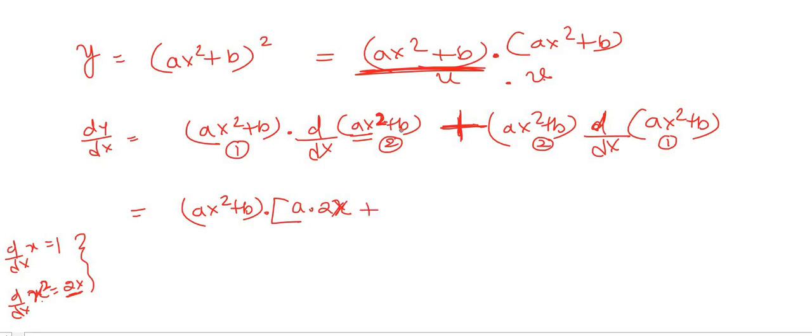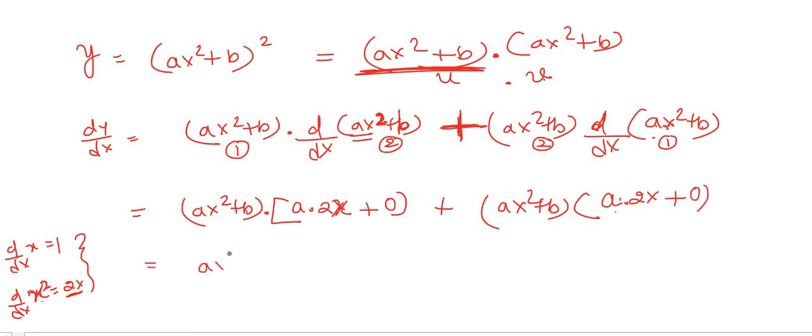So I am using it. And what is the derivative of b? It is 0. Plus (ax square plus b) as it is. Derivative of a as it is, because it is a constant. When a constant is with some variable, then we just copy it. Then the derivative of x square is 2x plus derivative of b is 0.